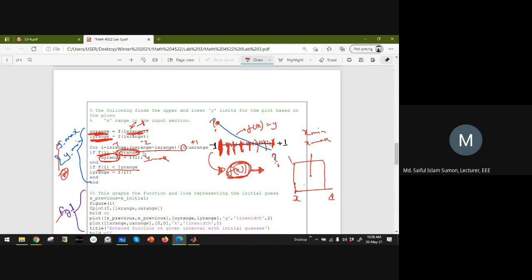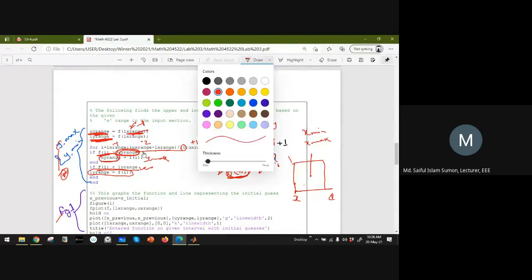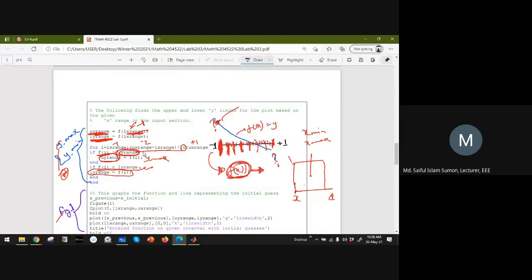If at any time this is lower than this range, then that's actually my lower limit of y. So whenever I am out of this range, I will get these 2 points. This will be my upper y range, and this will be my lower y range.